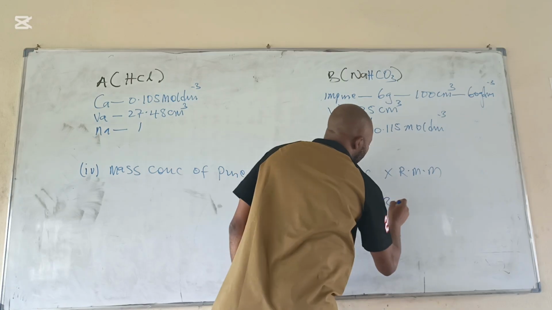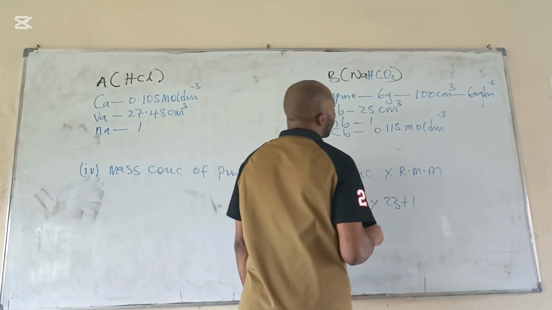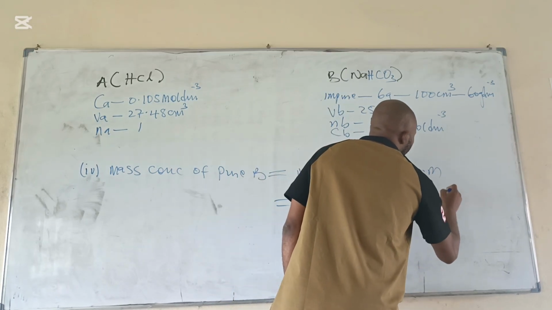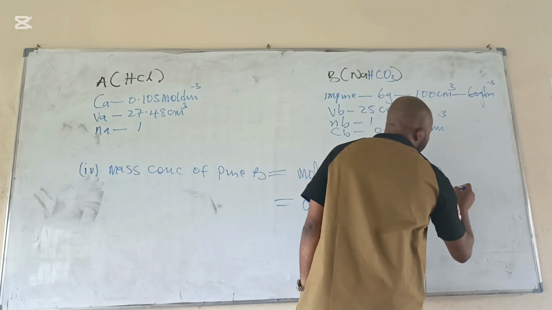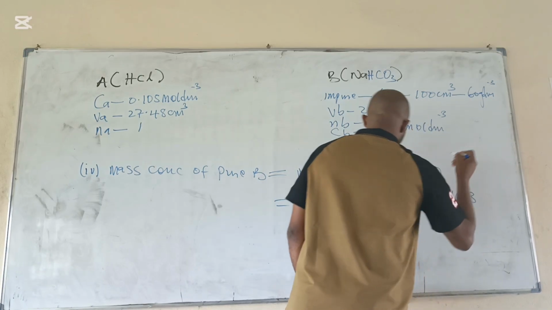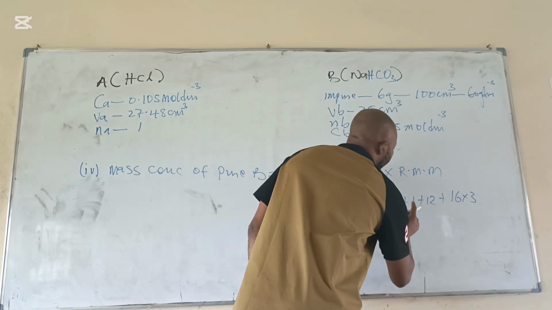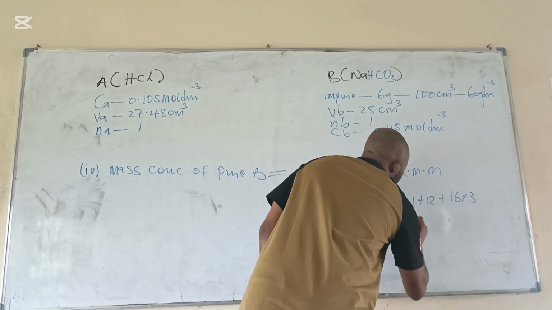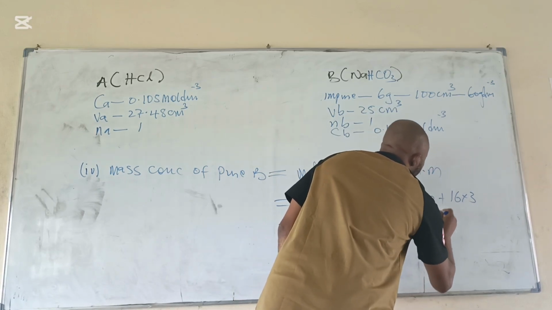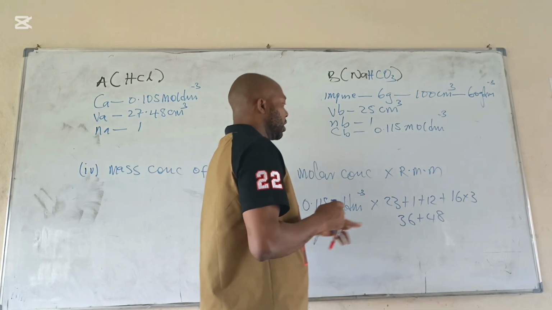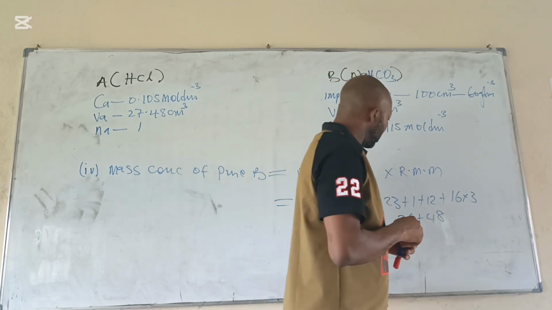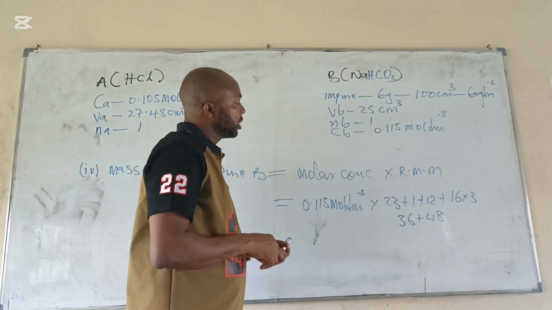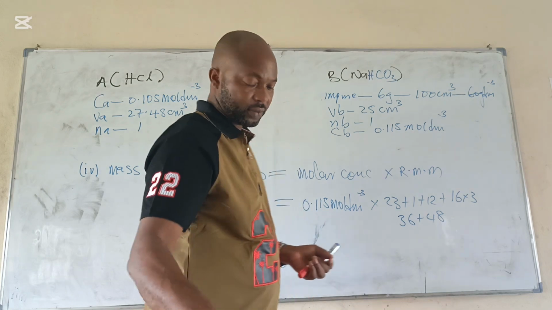Yes, sodium is 23 plus hydrogen is 1 plus carbon is 12 plus oxygen is 16 times 3. So this is 24, 34, 36 plus 48.